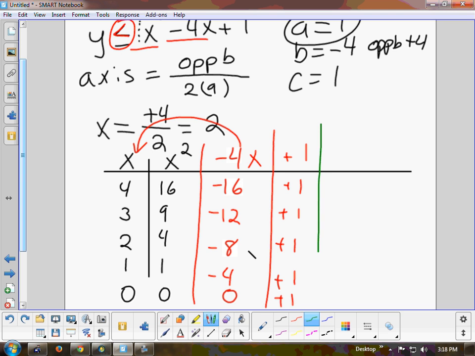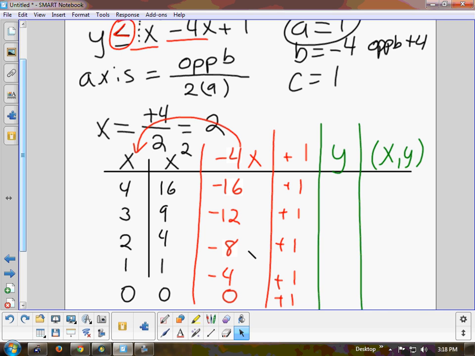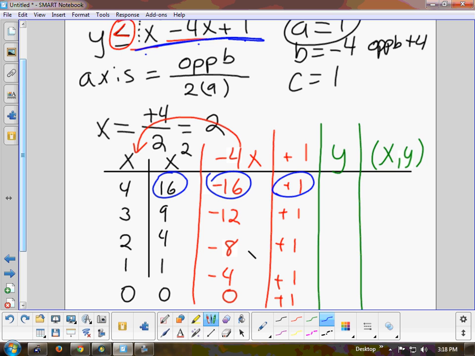Okay, hold on. Then we're going to have a y value. And we're going to have an x, y column. Okay, we want to graph this equation, so we have 3 things. 1, 2, 3. We're going to add those together. Even though it says minus 16, we're really subtracting. You're adding a negative 16, it's really subtracting, but you just add across.